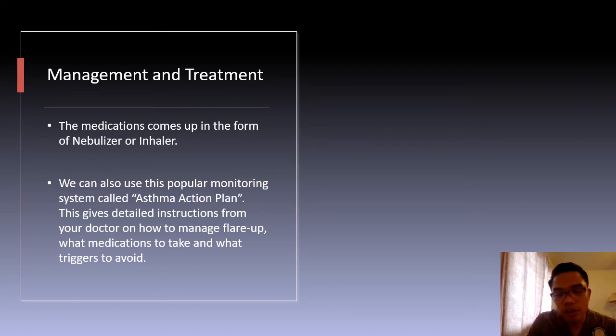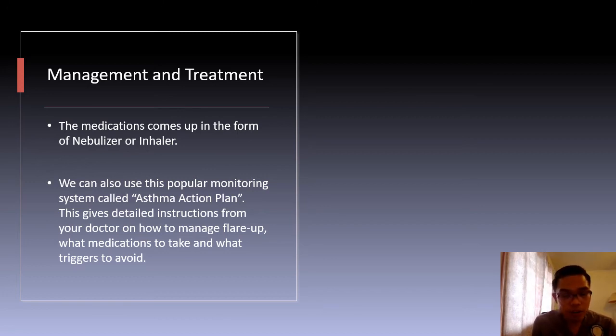Another thing that we can give is what we call an asthma action plan, a form that the doctor would give to you. This asthma action plan is like a traffic light sign where there are three different colors: green, yellow, and red. Green means you are doing fine, you're able to do the activities that you normally do, and you don't have any triggers at all.